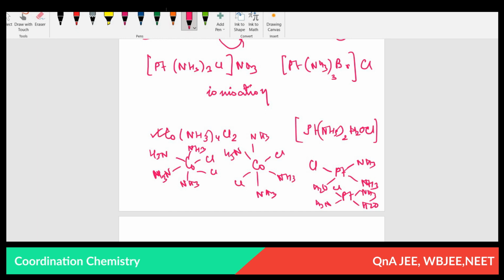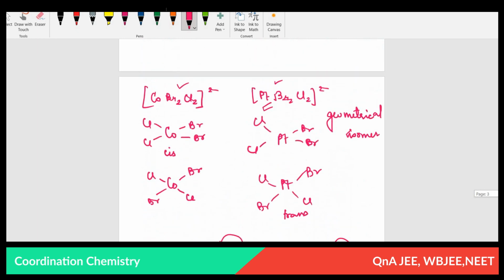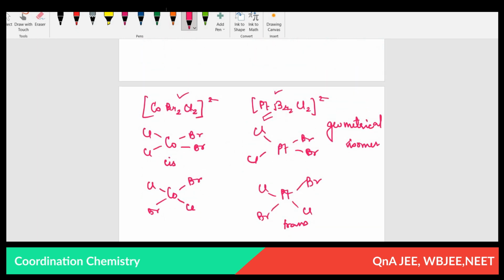But if we quickly move to the option which we did in the first case, right? Both of them can show cis-trans isomerism, but the hybridization in the two cases will not be the same. Why? Because platinum is lower down in the series. It's a 5d element.